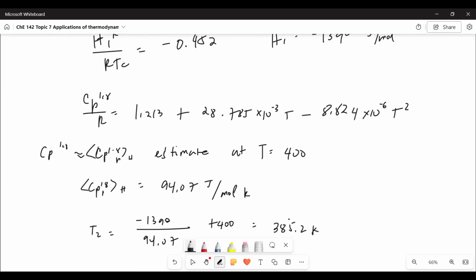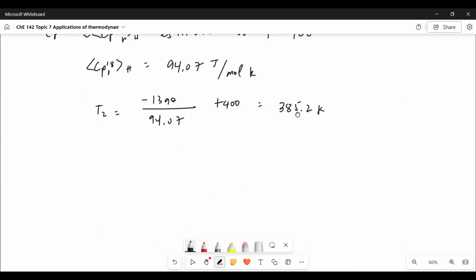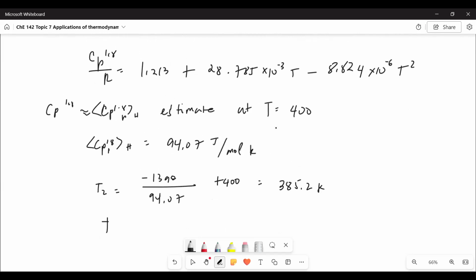What you can do is substitute that back into the equation, or you can do what the book did for the next estimate, the i plus 1.